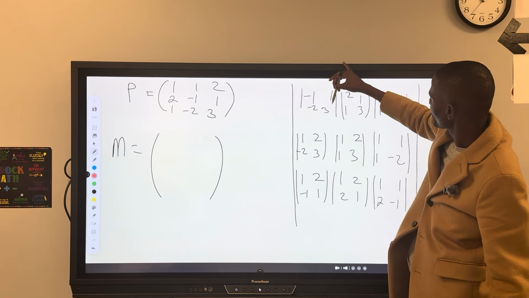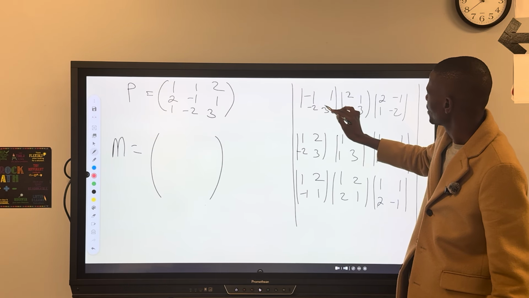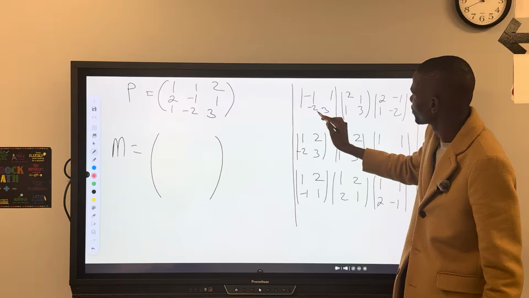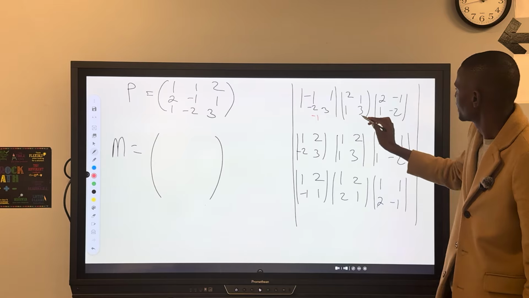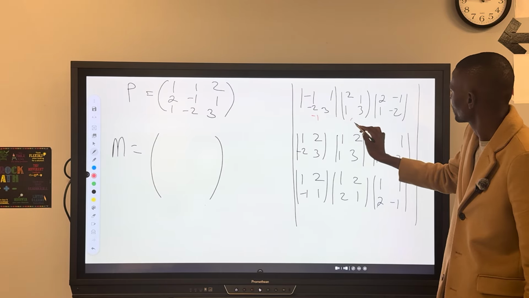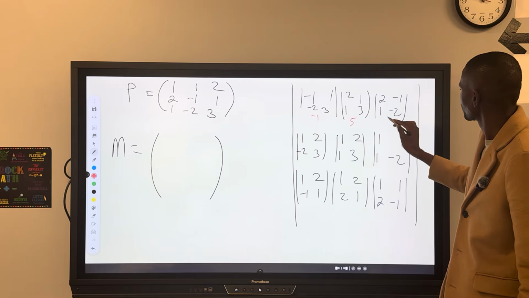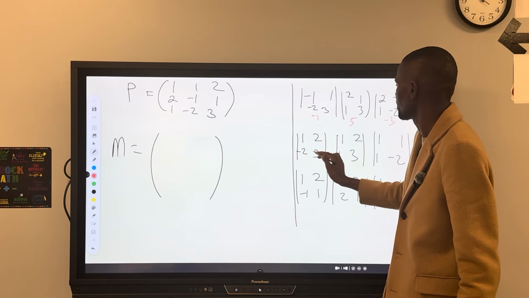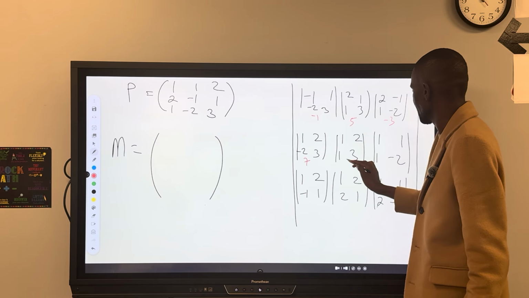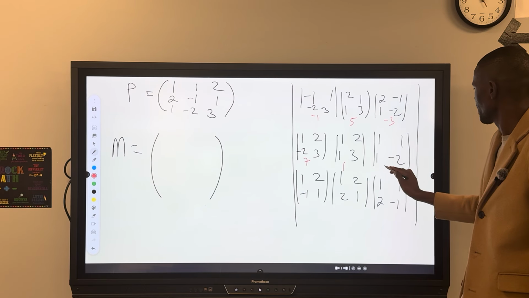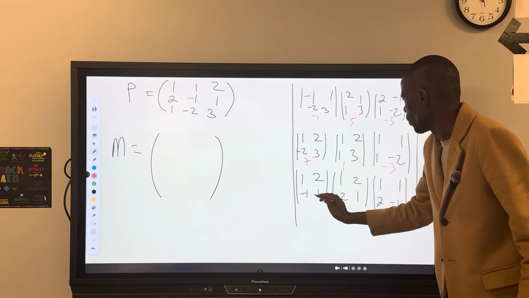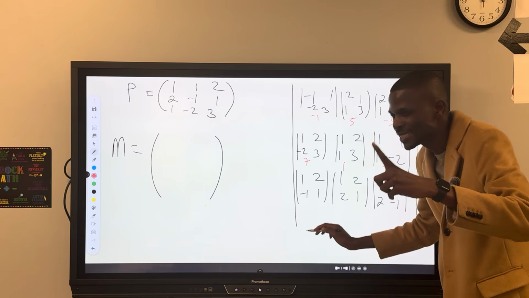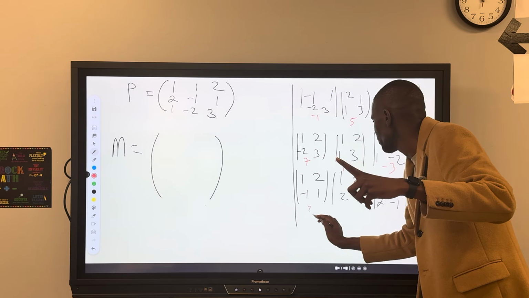So it's going to be negative 3, minus minus 2. So negative 3 plus 2, that's negative 1. Then 6 minus 1, that's 5. Negative 4 plus 1, that's negative 3. 3 subtracting this is positive 7. 3 minus 2, that's 1. Negative 2 minus this, that's negative 3. 1 minus negative 2, this is positive 3.